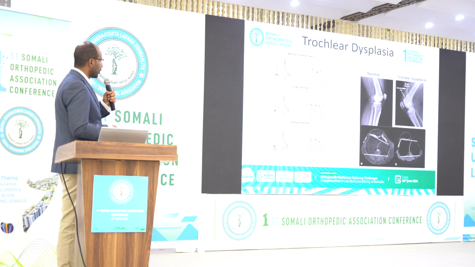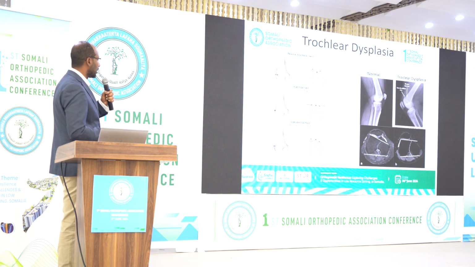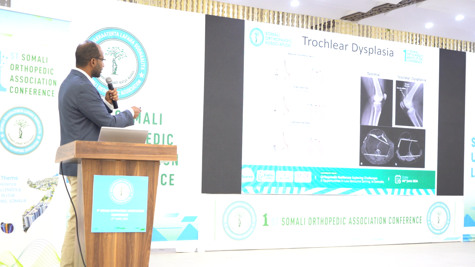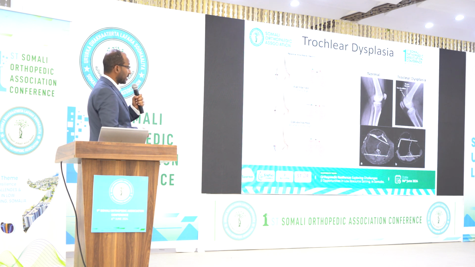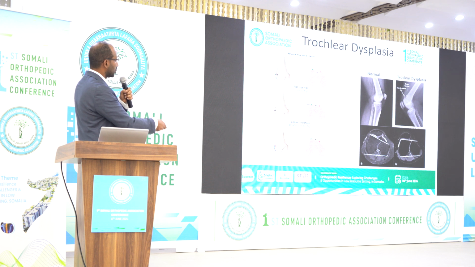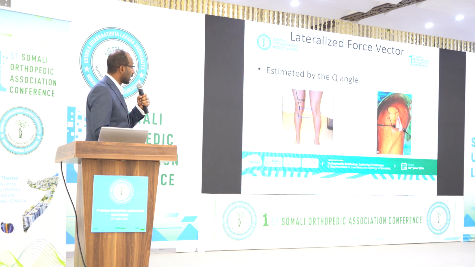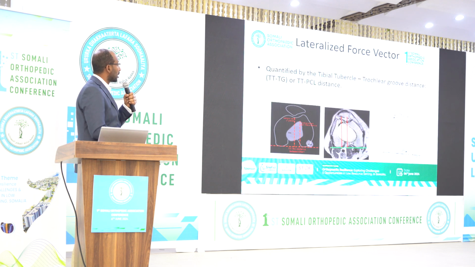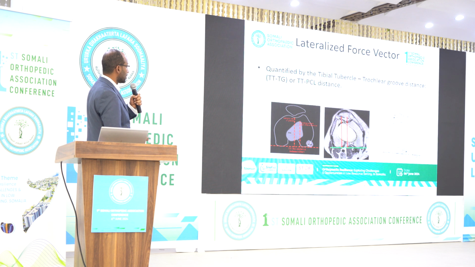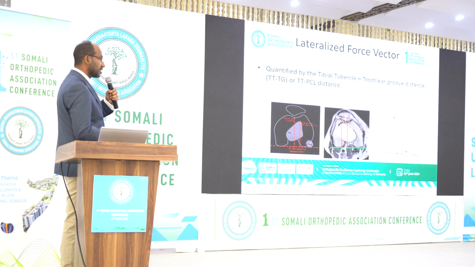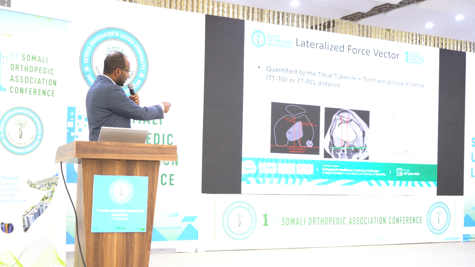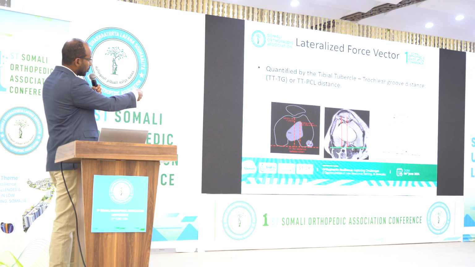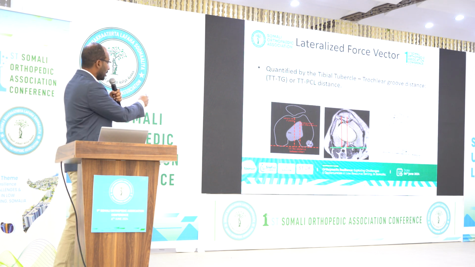We don't know more specifically what type of trochlear dysplasia, more than whether it is present or not. On the lateral X-ray, we can see trochlear dysplasia, running from normal to flat to convex type. The other factor is the lateralizing force, estimated by the Q angle and quantified by the tibial tubercle-trochlear groove distance, TT-TG. Nowadays we prefer to use the tibial tuberosity to PCL distance, which should be less than 20 millimeters. This is superimposed on the CT scan to look at the difference between the axial lines from each structure.